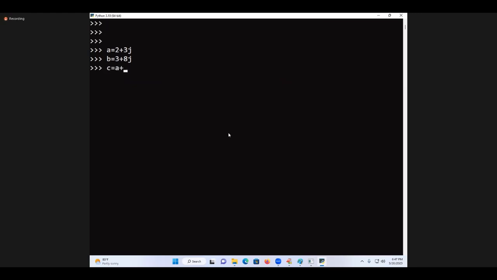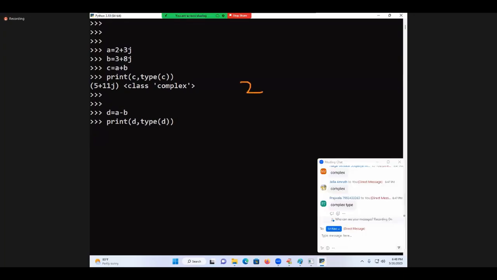C is equal to A plus B. Students, print of C comma type of C. The answer is 5 plus 11j. What is the type? Complex. Okay. Now I am going to do D is equal to A minus B. I am writing D comma type of D. What is that now? 2 plus 3j and the next 3 plus 8j.